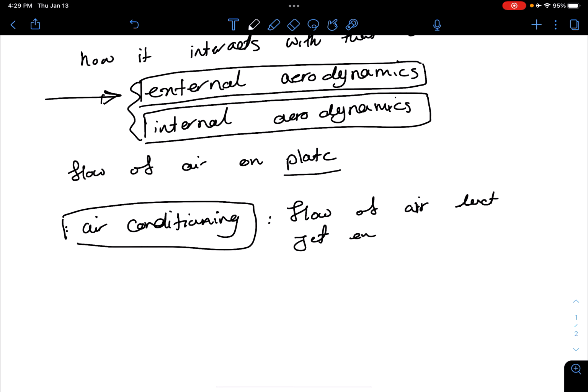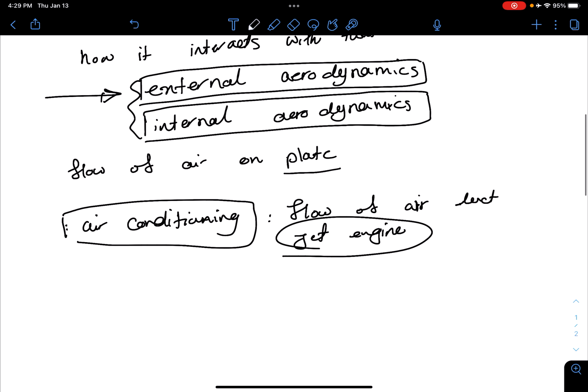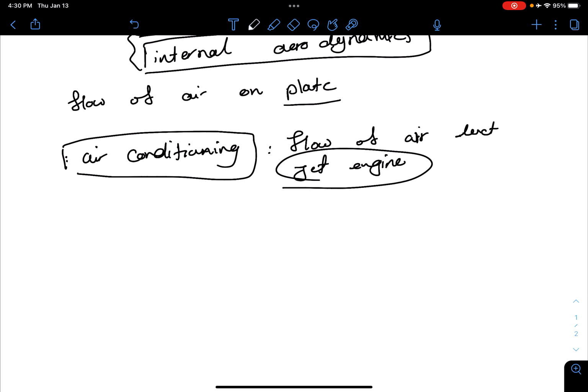So a more common type of internal aerodynamics is jet engine analysis and design, right? If you're an aerospace engineer, you don't really do air conditioning design, but air conditioning is internal aerodynamics. That's true. Okay. But in this course, we are mostly focused on flow of air on things, on a plane, essentially, different parts of a plane.